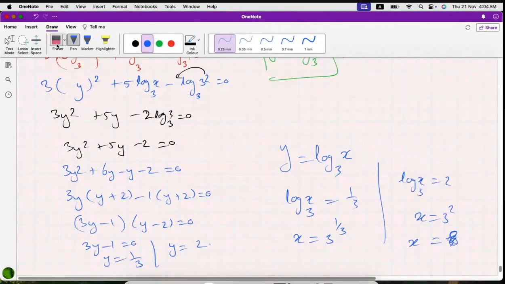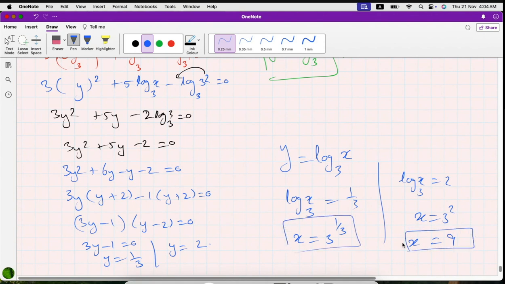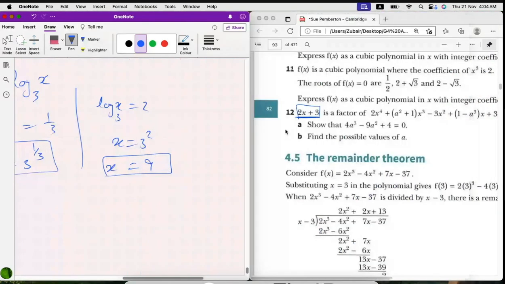That is 9. These are the two values. So x can either be 3 to the power of 1/3 or 9. But you need to study logs to attempt this. That was substitution, but for logs.